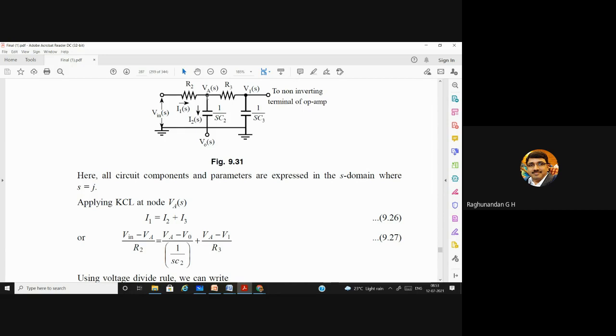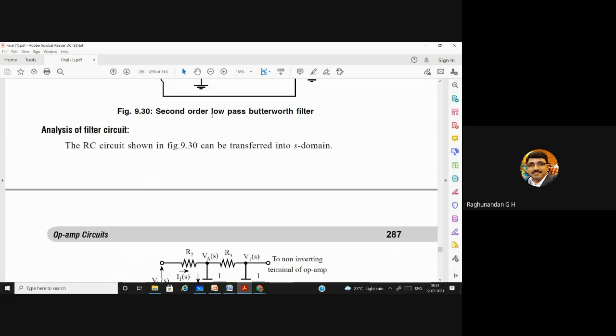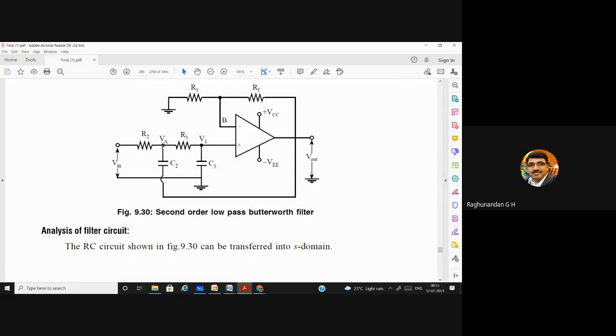For this capacitor, the potential difference is between VA and V naught of S, because you can see this capacitor is connected to the output, so it is considered as V naught.